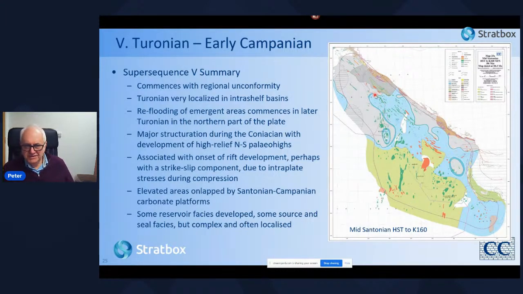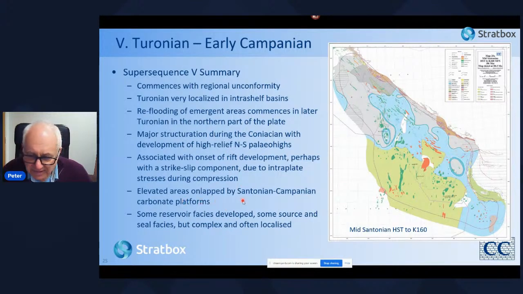There is a major structuration during the Coniacian with the development of high relief north-south paleohighs, and this is associated with the onset of rift development, possibly with a strike-slip component, because this reflects intraplate stresses that are brought about by the onset of compression. So this really is the onset of the changeover of the Arabian plate from a passive continental margin to a convergent continental margin.